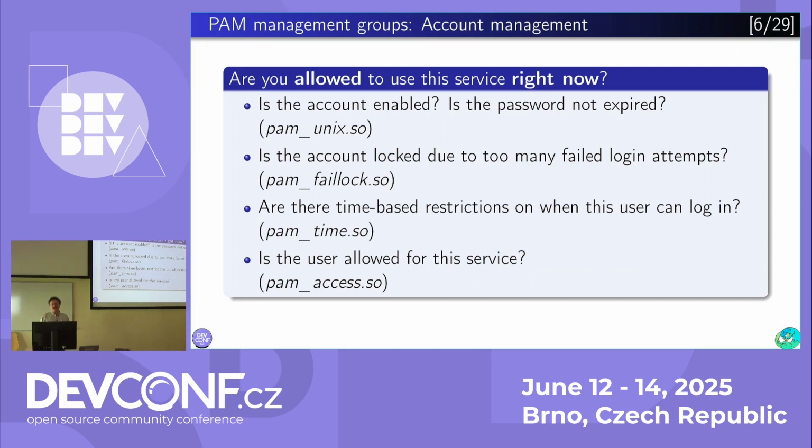For account management, the basic PAM Unix module checks whether the account is enabled and checks expiration. There are modules to do additional things like time-based restrictions or restrictions based on failed login attempts and on other things like whether this user is allowed to access this service and so on.